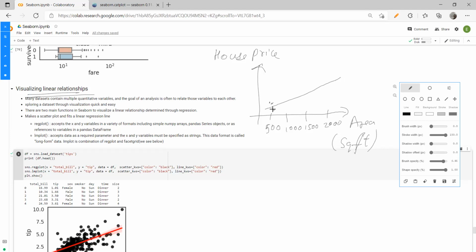Of course, it will not be exact; some points will be on top here and there. This is basically all the points. If I look at this particular point, for a 2000 square feet house, the cost was probably, let's say, 1.5 million.